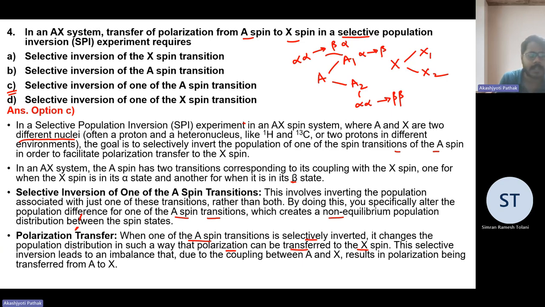So this selective inversion causes an imbalance in the population, and because A and X are coupled to each other, this results in the polarization being transferred from A to X. Okay.